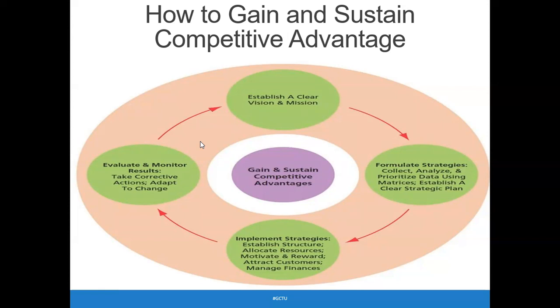So this is what David 2017 is suggesting, that when you pursue this, you will be able to not only gain competitive advantage, but sustain it. But more importantly, opportunities are said to exist for companies to gain sustained competitive advantage.